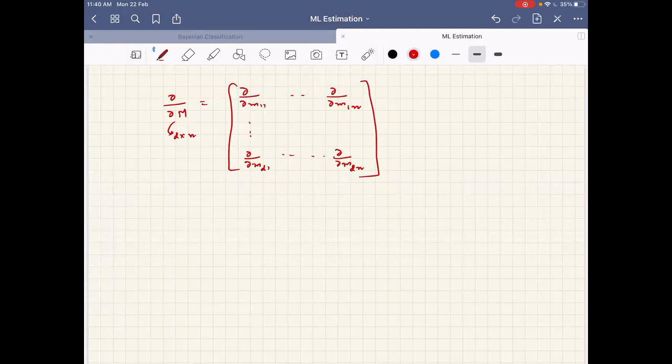This we can do easily if f of M is a scalar, that is, if finally this function returns a scalar. If it is a scalar valued function, then you can do this easily. However, if it is matrix to matrix and so on, it is reasonably involved.